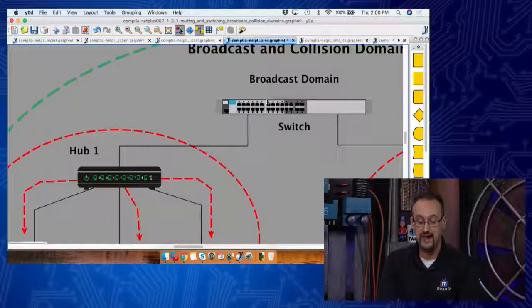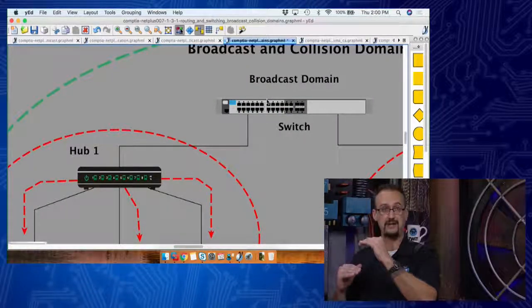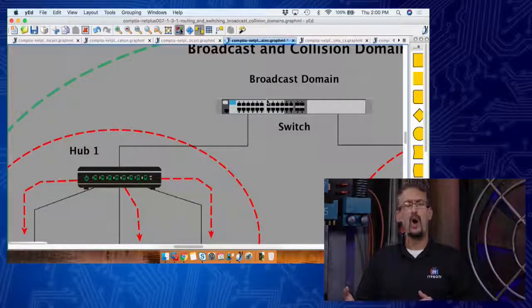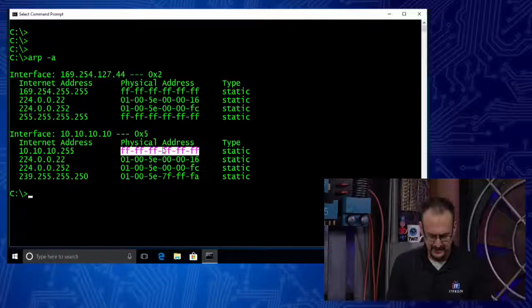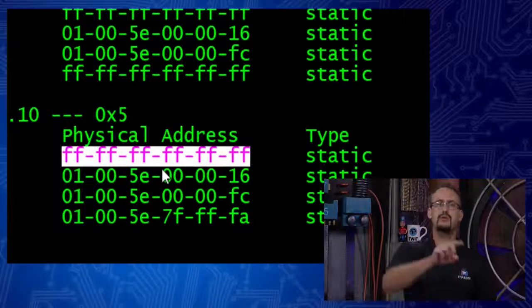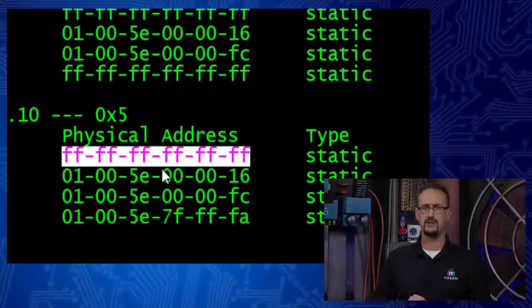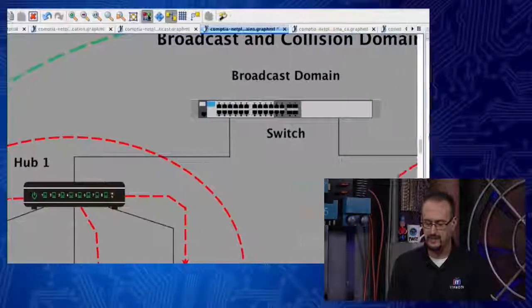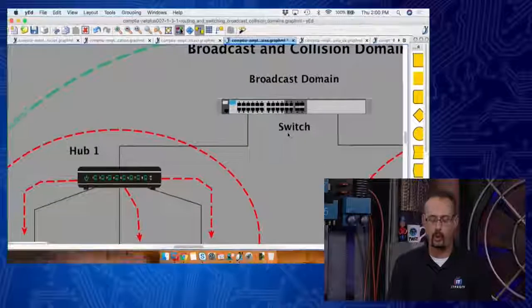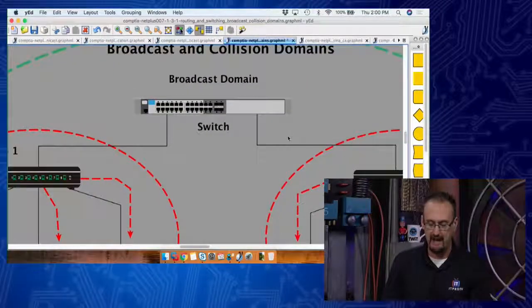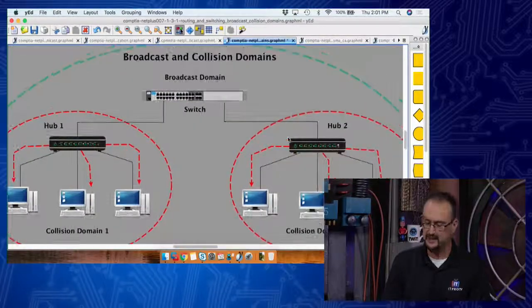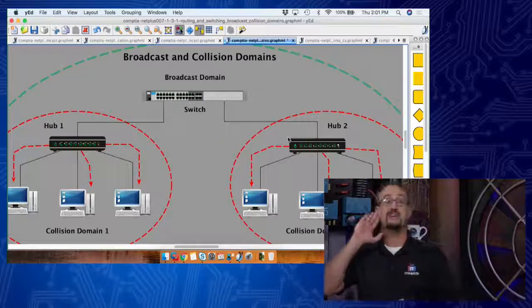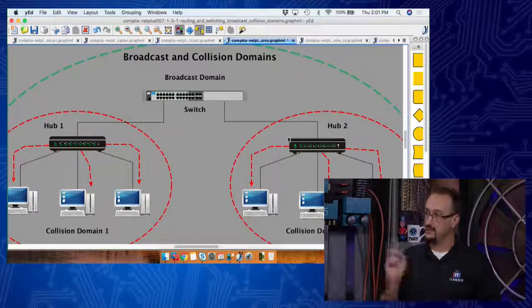Now, the switch is going to, this is where we start to get into the logic, right? That's what differentiates a hub from a switch. A switch is looking at the MAC address and it's saying, oh, I see the destination. The destination is all Fs. So you want this to be a broadcast communication. So what does the switch do? The switch broadcasts that communication out all of its ports. And when it does that, every device that is connected to that switch will receive it and is within earshot of that broadcast communication. Does that make sense now?